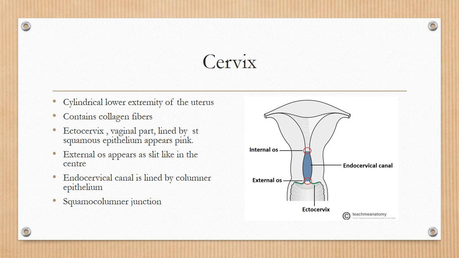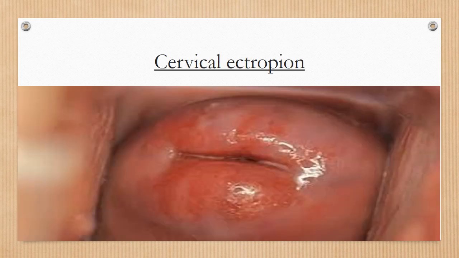External os appears as a slit-like structure in the center of the ectocervix, and this is the opening of the endocervical canal. Endocervical canal is lined by columnar cells, and the junction of squamous and columnar epithelium is called the squamocolumnar junction. Now, different benign conditions affecting the cervix.